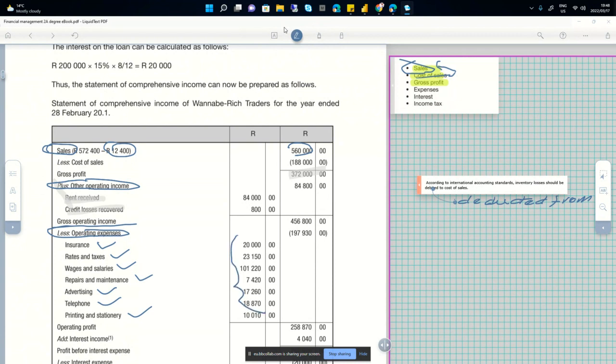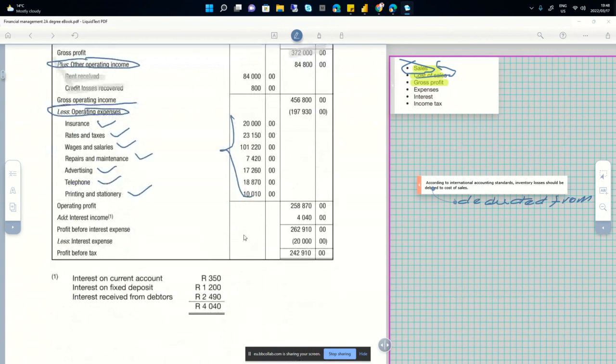So all these will be our operating expenses.